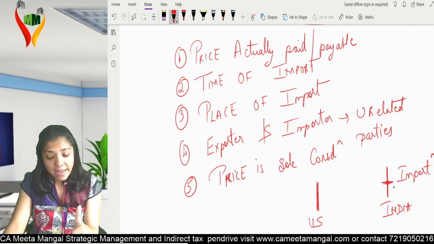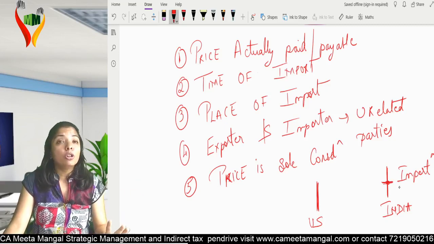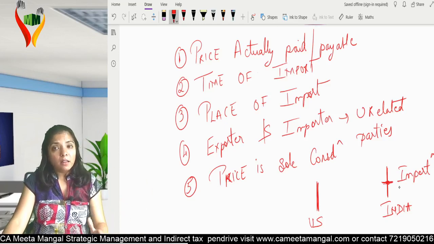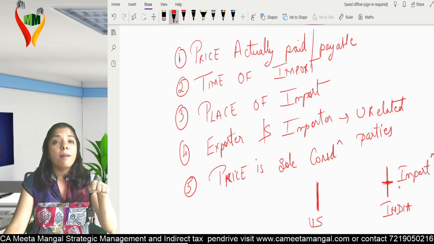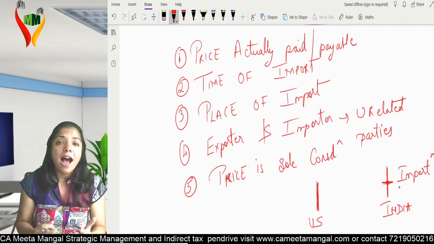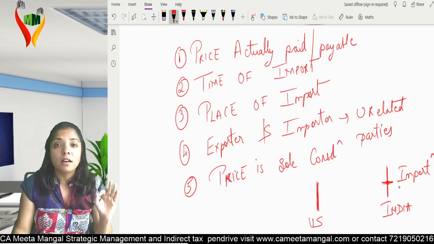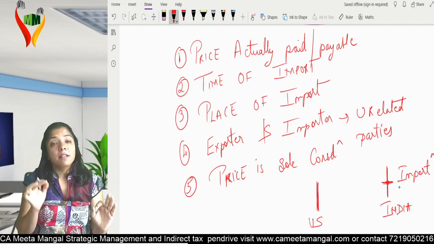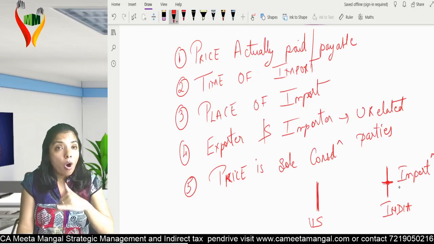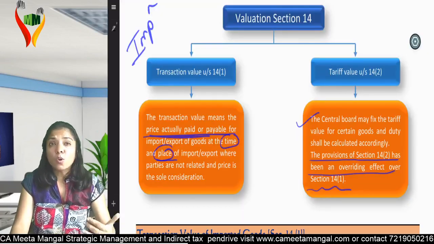This is the place. Exporter and importer both should be unrelated parties. Why unrelated? Because then only there will be an arm's length transaction. Boss, when you are related parties, I won't charge you a higher rate. And price is the sole consideration. That means the importer has just paid money. If this all comprises, this is called transaction value.